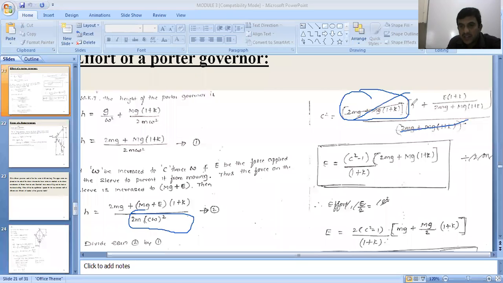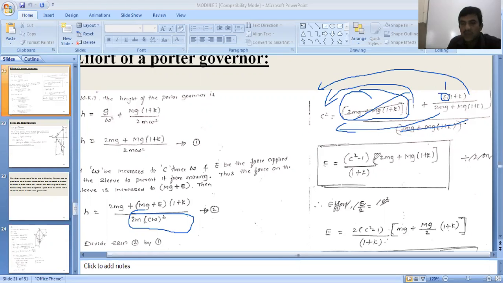Now send this 1 to the left side, and our aim is to determine what? Effort only, right? Send the 1 to the left side, it becomes c square minus 1. Then send this also to the left side, it becomes divided by 1 plus k. And then send this also to the left side. Our aim is to determine the effort.